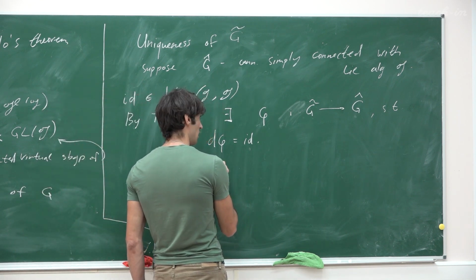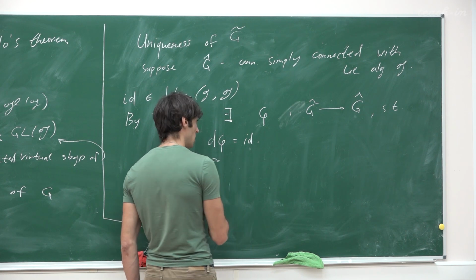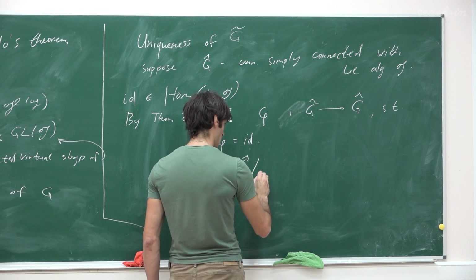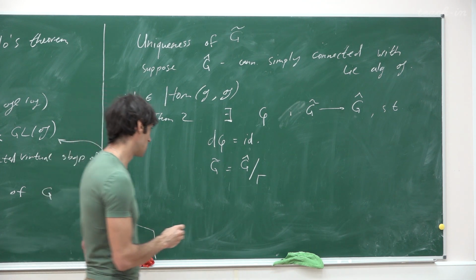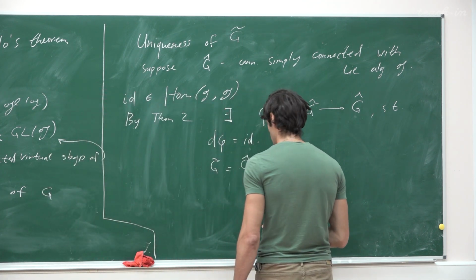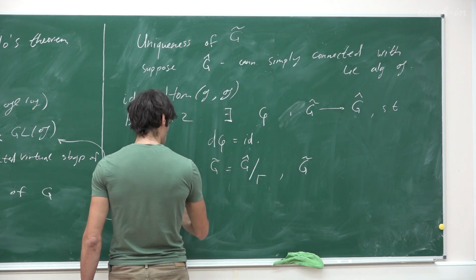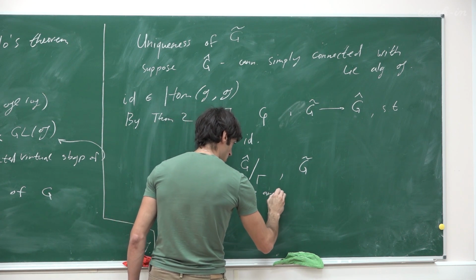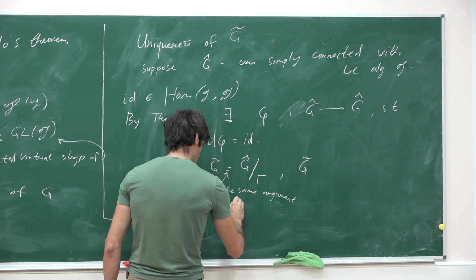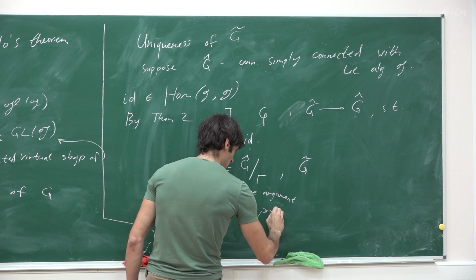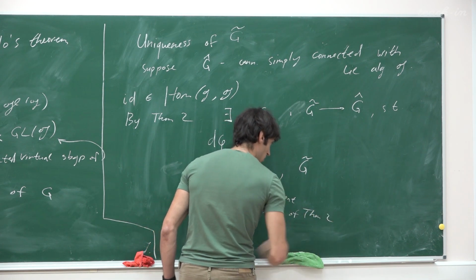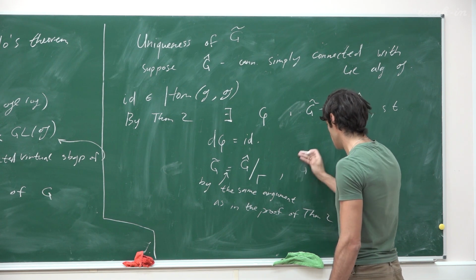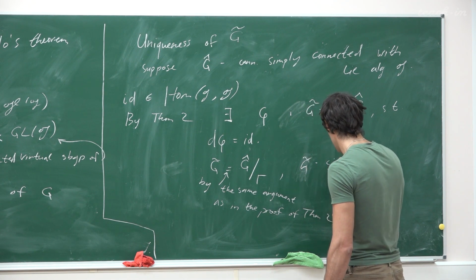And so therefore, G tilde is G hat over some gamma, by the same argument as in the proof of theorem 2. And then G tilde is simply connected.